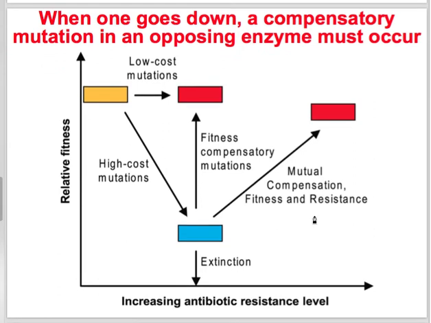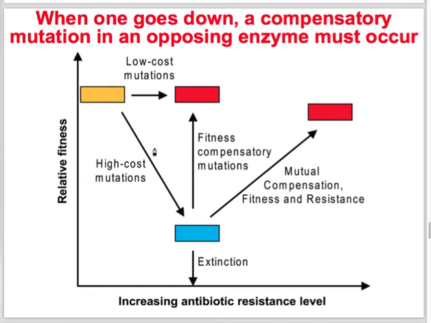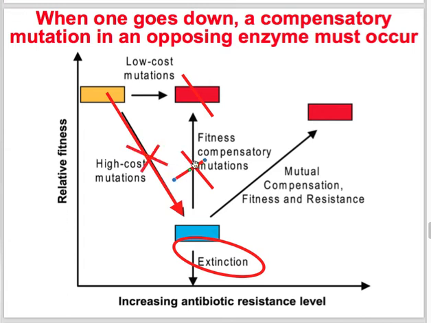So remember that we talked about the antibiotics that can kill bacterial topoisomerases and leave human ones unharmed for the most part, right? The way that bacteria develop resistance is that when you lose one of your positive supercoilers, let's say a topoisomerase, all those bacteria are going to go down if they don't figure something out soon. That's extinction, okay? Now what happens is that you have taken away a positive supercoiler, but a mutation in one of your negative supercoilers, if you lose that negative supercoiling, then the positive supercoiling that you lost has been compensated for.